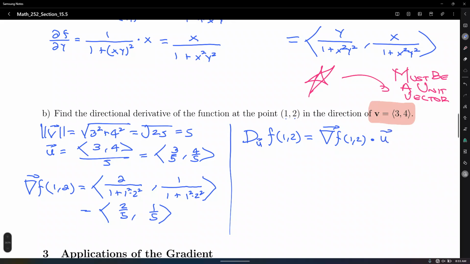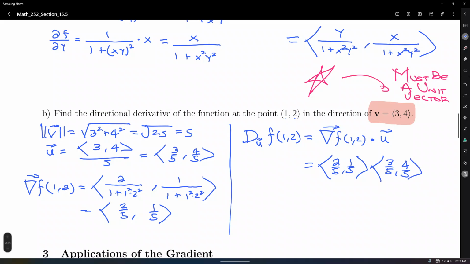Okay, and we have all the information we need for this. So nabla of f at 1, 2 is the vector 2/5, 1/5, dotted with the unit vector, which is 3/5, 4/5.